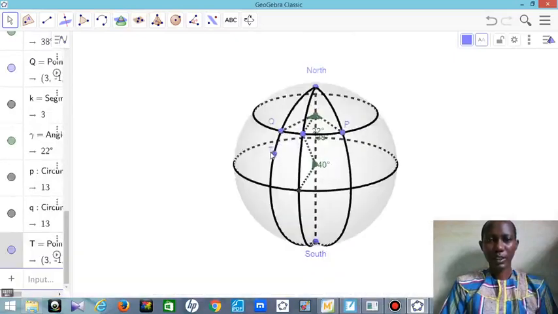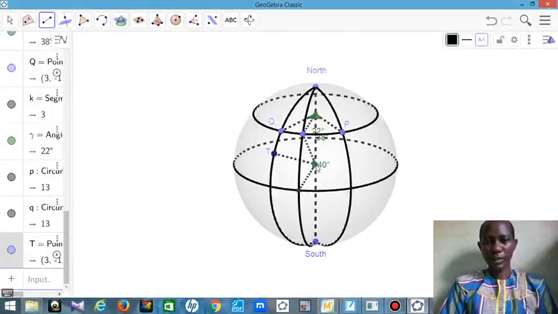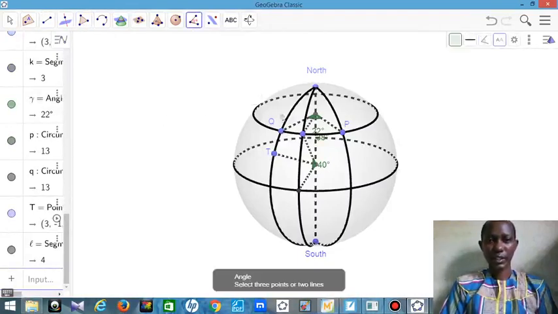So this is point T, and you can see it down to the point, and the angle is going to be given to us. Let's put the angle and see. So we need the angle. Before I get the angle, let me join the line.